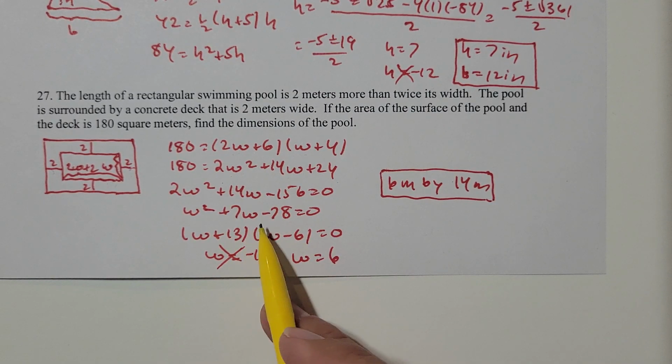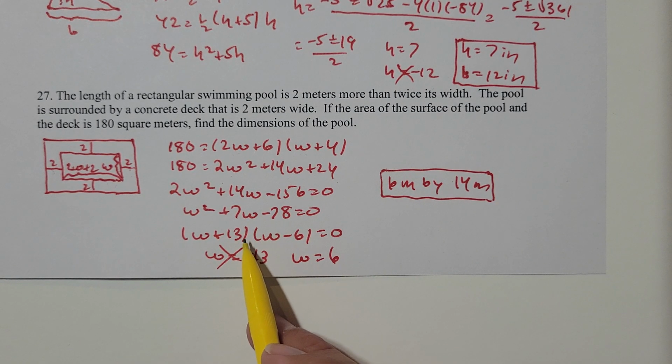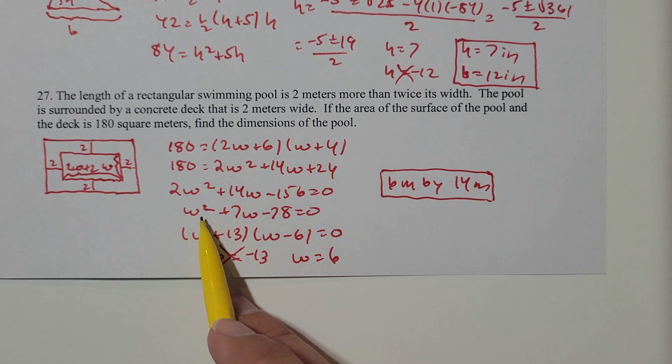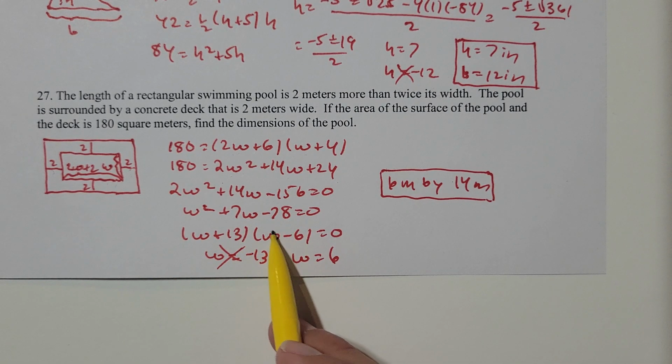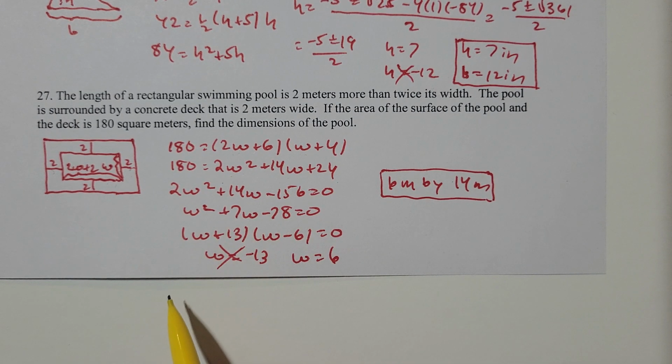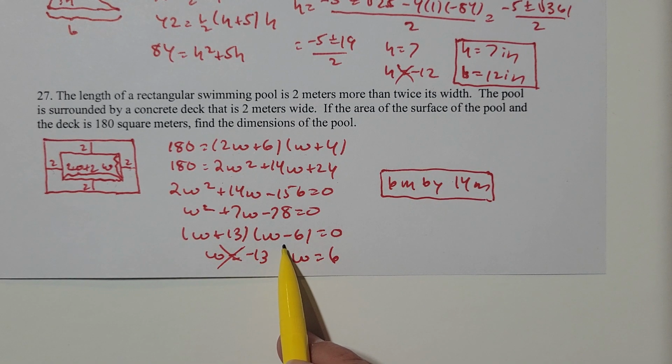And here's my quadratic equation. This should factor. Factoring is always the first thing I think of here. It's going to be W times W, that's W squared. Then I need two numbers that multiply to 78 and add to 7.